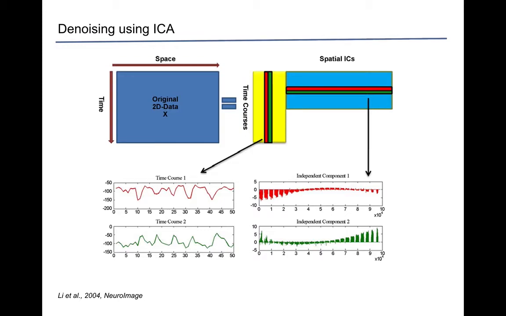If you use ICA on your data, it gives you a bunch of independent components, or ICs, which are spatial maps, and for each map there is a time series that shows the weights for that given map over time. For each component, you have to decide whether it is noise or a signal of interest.